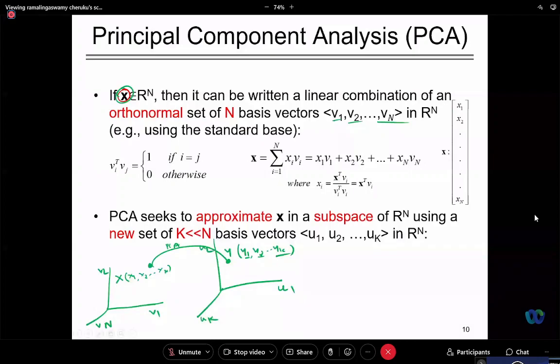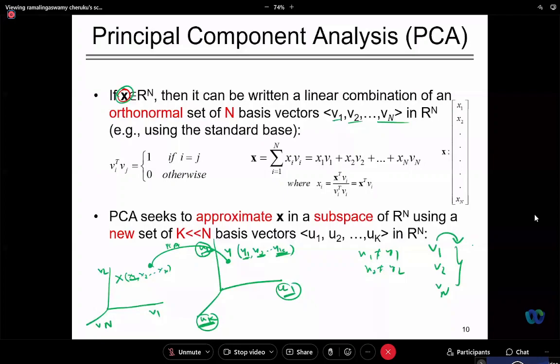Means the basis vectors are changing, or you can say something like a new axis after rotation or some multiplication. If the basis vectors are changed, definitely the individual components will also change. That's the reason x1 is not the same as y1, x2 is not the same as y2, because the basis vectors v1, v2, vn are transforming to u1, u2, and uk.